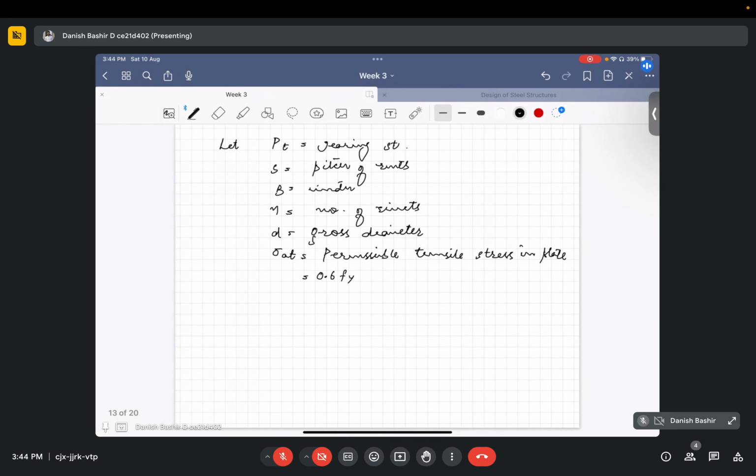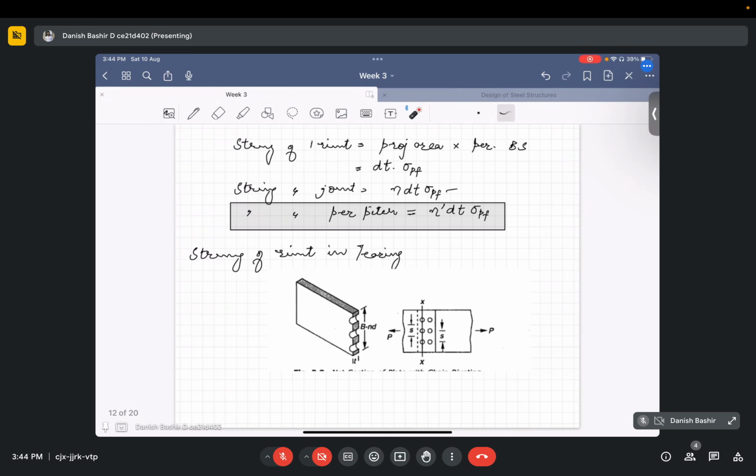So the strength of the joint in tearing at critical section, that is PT, will be equal to net area multiplied by permissible tensile strength. The net area here is actually thickness multiplied by B minus ND.